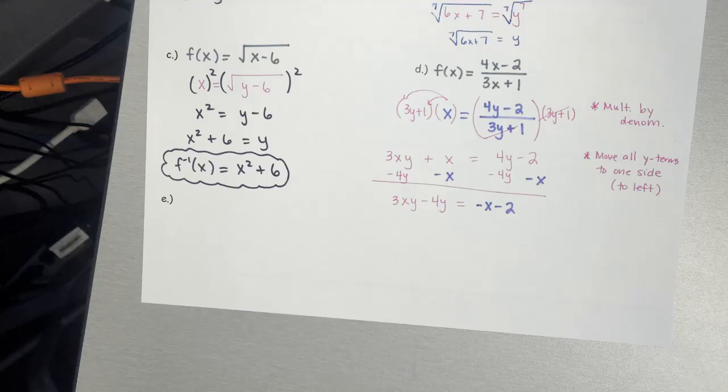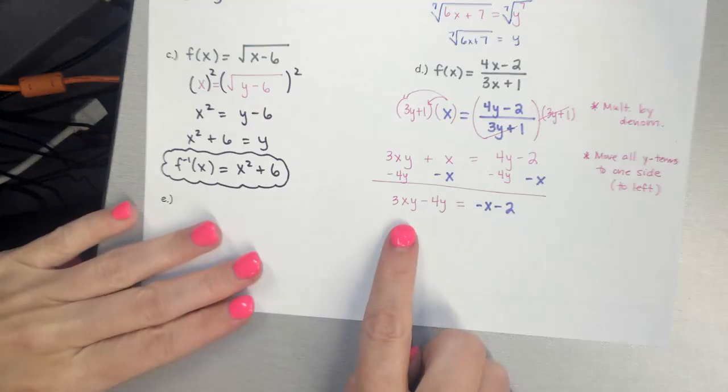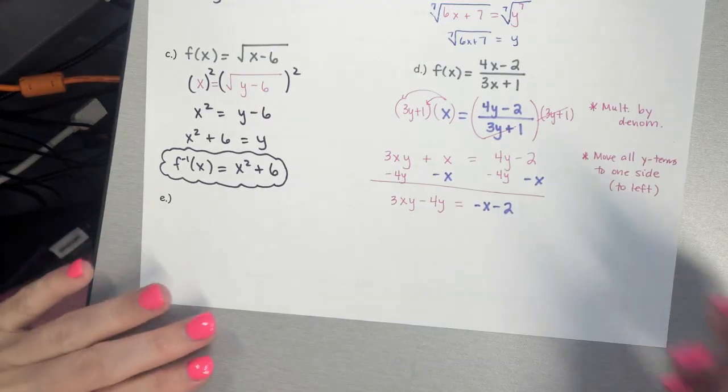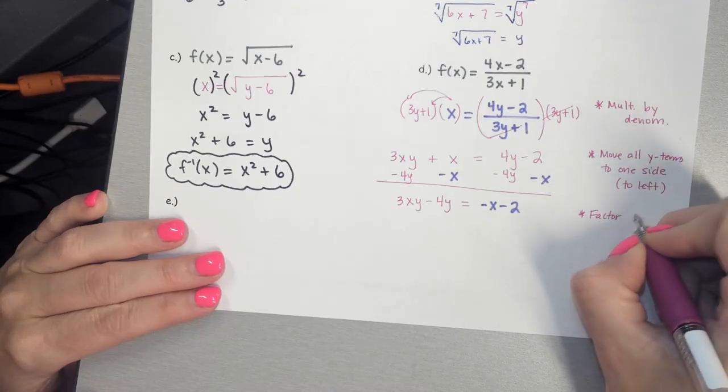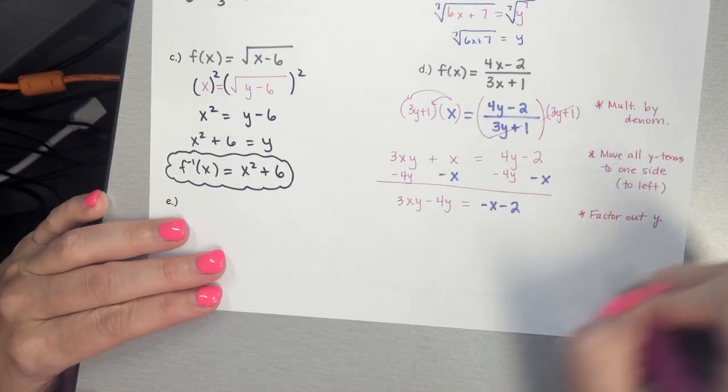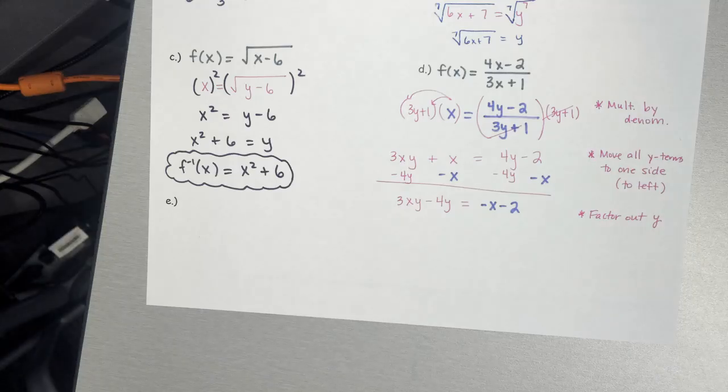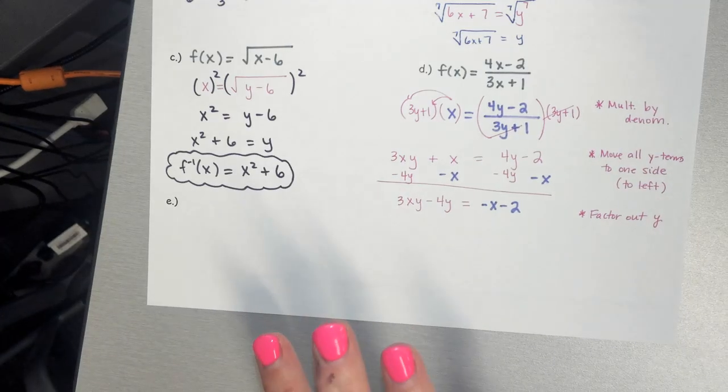Now here's the reason why you want to do that. When you have all your y terms on one side, y becomes the GCF, so you can factor out the y. Even if there's a number that can come out, you don't have to do that.